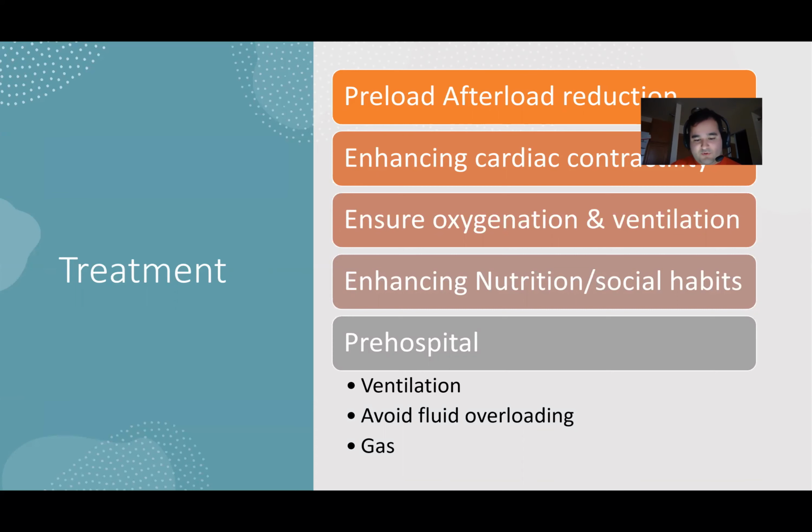So for treatment pre-hospitally, CPAP doesn't really come in those neonatal sizes, at least not for us. So we really want to make sure we use those ventilations. Another thing, just as with adults, we don't want to fluid overload these children. And the rest really needs to be done in hospital, because it's really the correction of those defects through surgery, as we've talked in the previous lectures about how those structures could be altered.